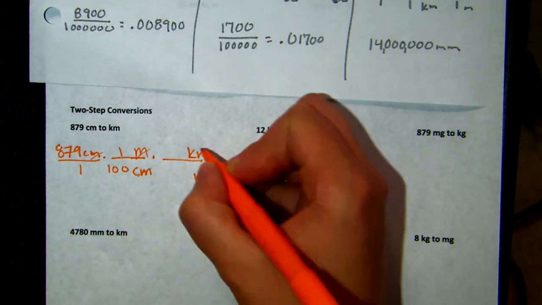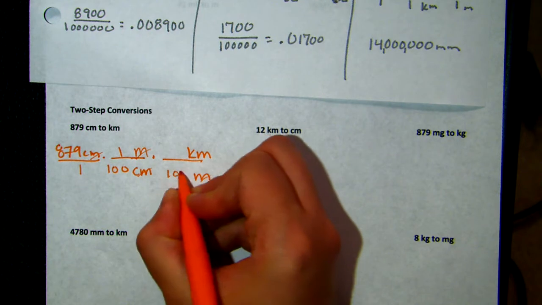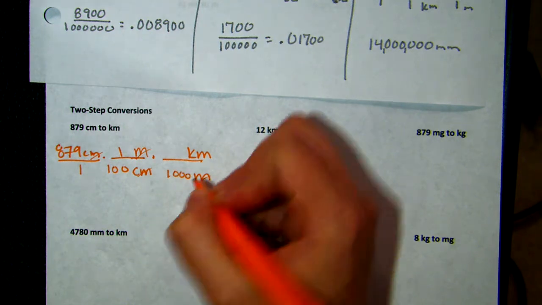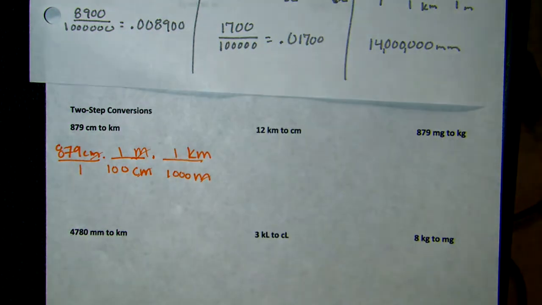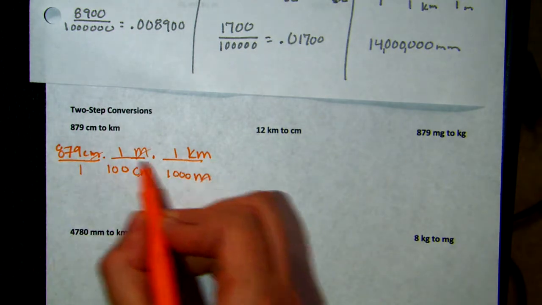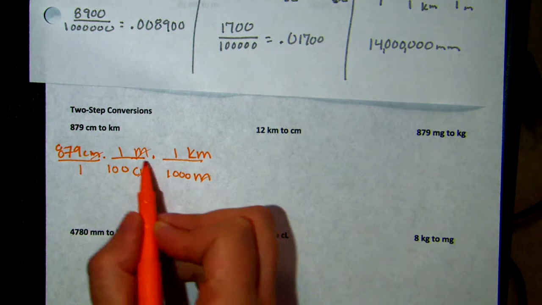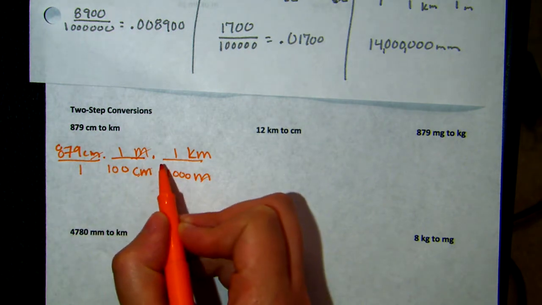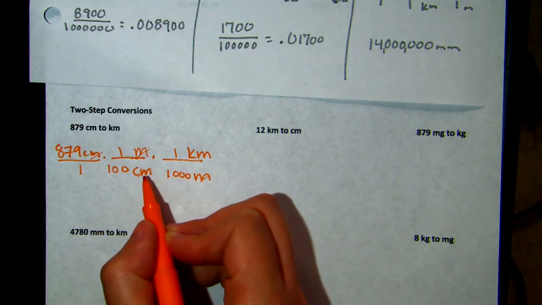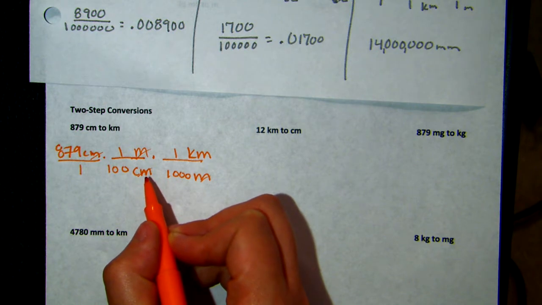How many meters are in a kilometer? We know that there are 1,000 meters in 1 kilometer. So I'm going to take my numerator, which is 879, divided by my denominator, which is 100 times 1,000.